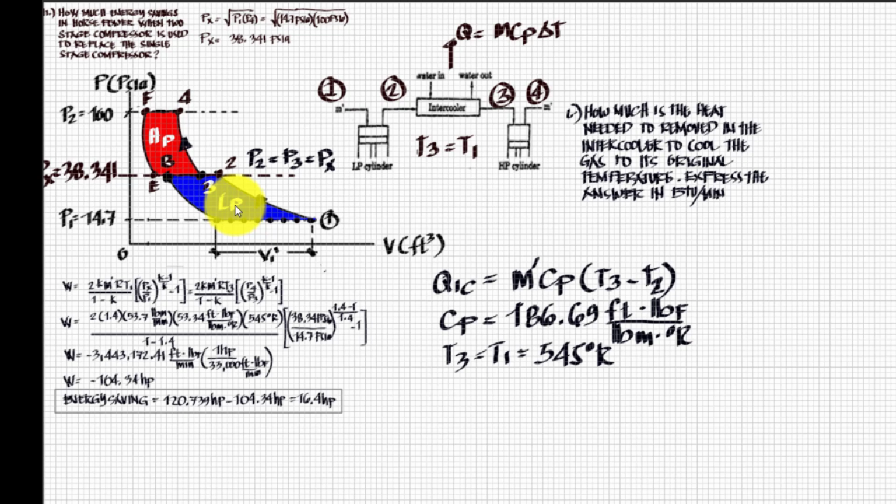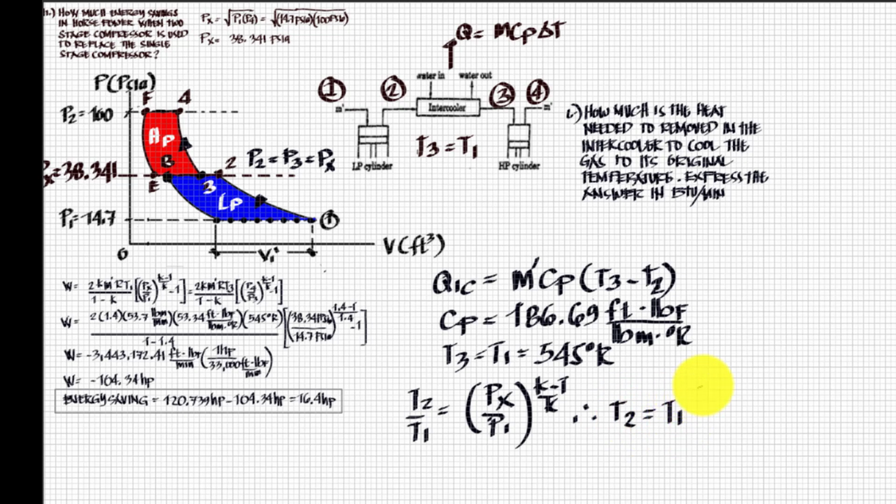From the isentropic process of an ideal gas, we have the ratio of temperatures T2 and T1 equal to the ratio of the intermediate pressure P sub X and P sub 1, raised to K minus 1 over K. Since we're looking for T2, we can rewrite the equation: T2 is equal to T1 multiplied by the ratio of P sub X and P sub 1 raised to K minus 1 over K.